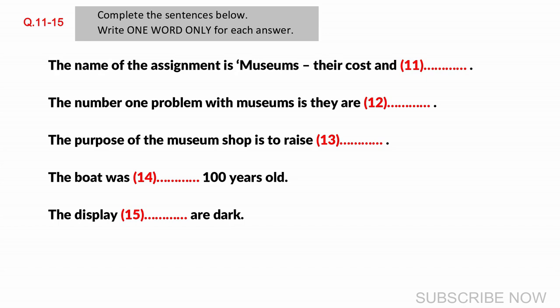I think the smallness is the number one problem. Because they're small and local, they attract few visitors. That's why they have so little money. And because they have little money, they can't buy or maintain many really interesting exhibits. As a result, the shop is almost as big as the museum, to try to raise money by selling souvenirs, postcards, sweets and so on.